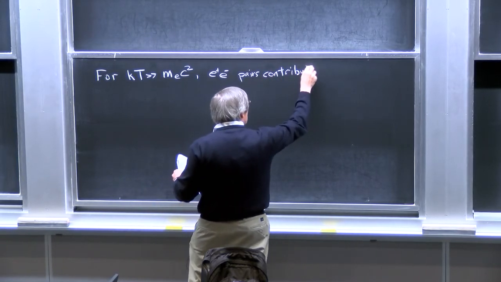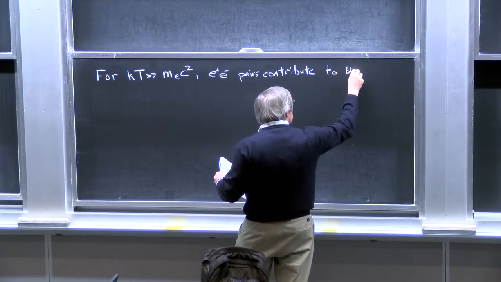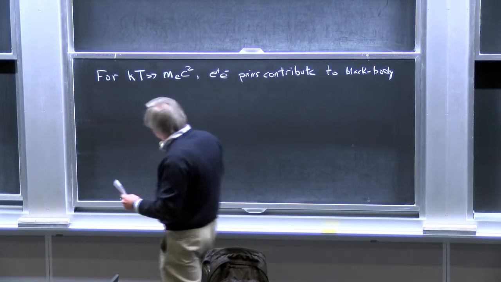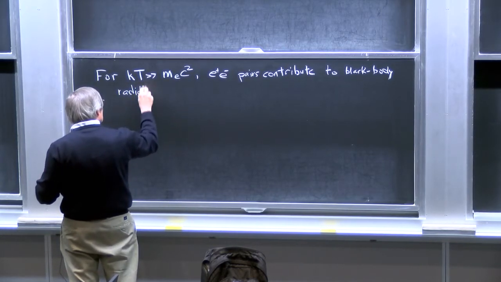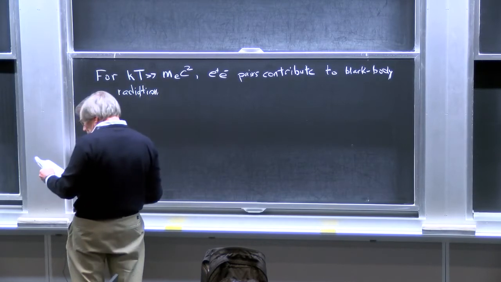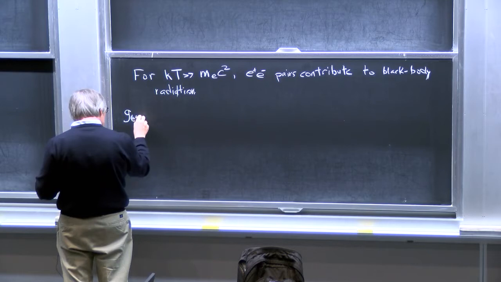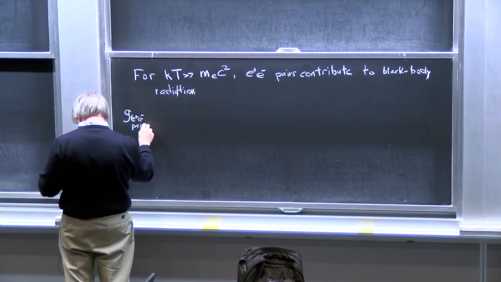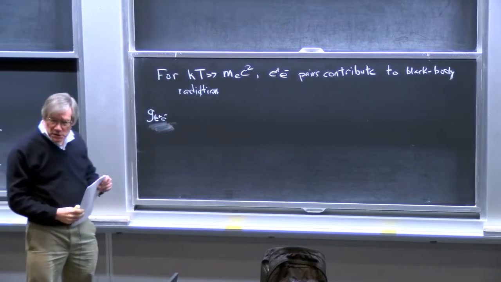So at these very high temperatures, even e plus e minus pairs contribute to the black body radiation. So we'd like to write down a G for e plus e minus pairs. Actually, maybe I shouldn't call them pairs, because they really are contributing individually. But G for e plus e minus.